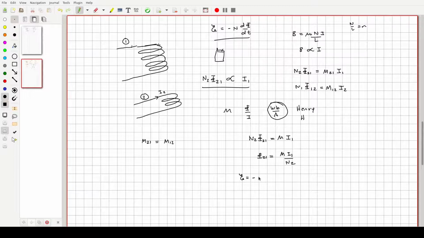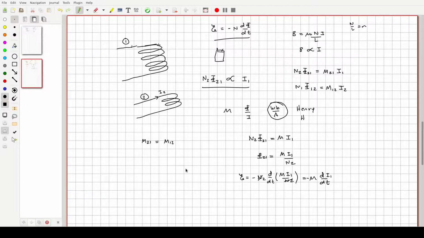Well, it's circuit 2 that we're talking about, with respect to how many loops it has. And then you plug in our flux, like that. And so the N's cancel because they're constants. The number of turns isn't something that's variable. And M itself is just a number. So M would come out, and you have a minus sign sitting out in front. And now you would have dI1 dt.